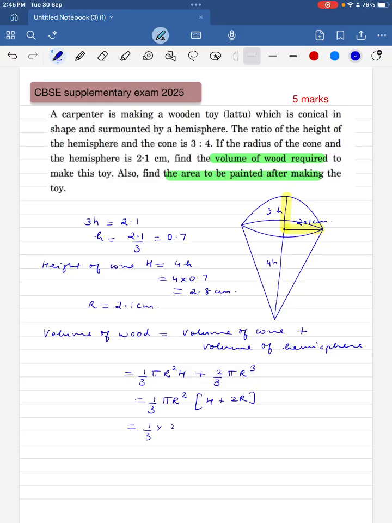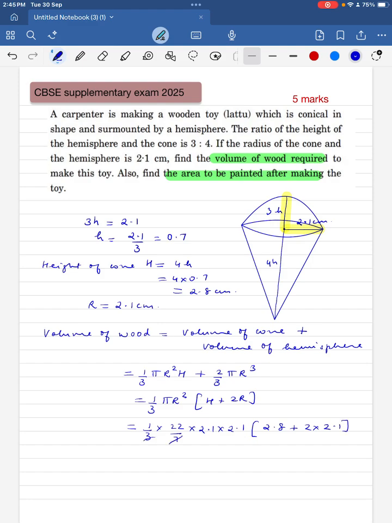Now let me substitute values. So 1 by 3 into 22 by 7, pi is 22 by 7. r is 2.1, so 2.1 times 2.1 because it's r squared, into h plus 2r, where h we found out is 2.8 plus 2 times 2.1.